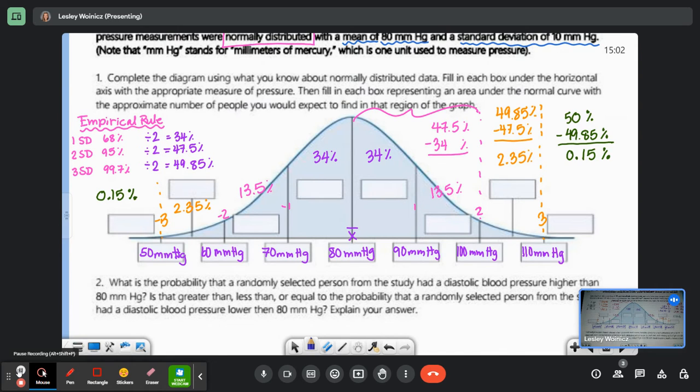Then fill in each box representing an area under the normal curve with the approximate number of people. Okay, so we need to know what 34% of what? How many people? 40,000. Okay, so we just have to figure out what 34% of 40,000 is.